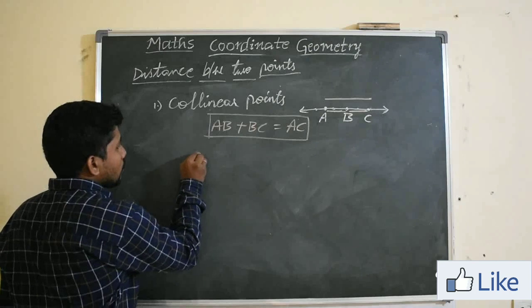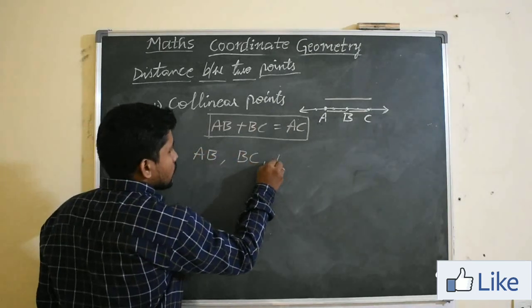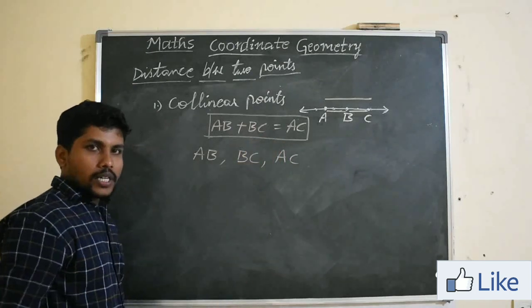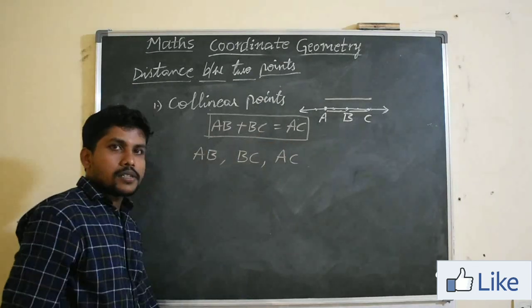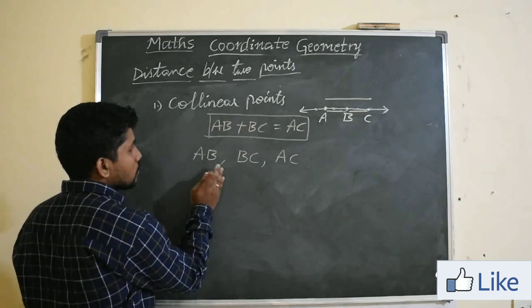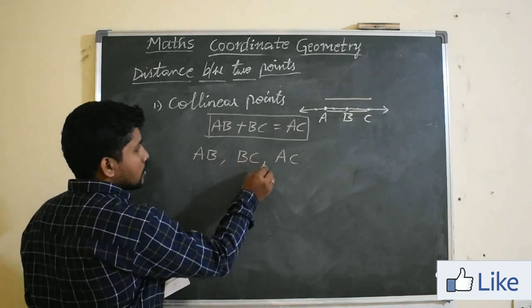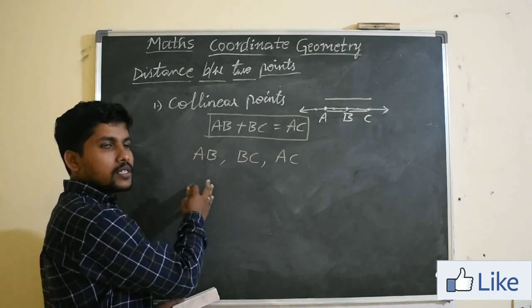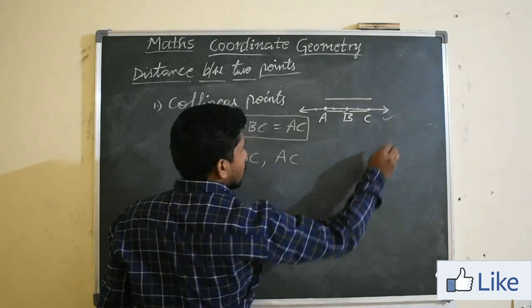You will find the distances AB, BC as well as AC. You need to check whether the sum of any 2 distances results in the third distance. Then we can conclude those 3 points are collinear.